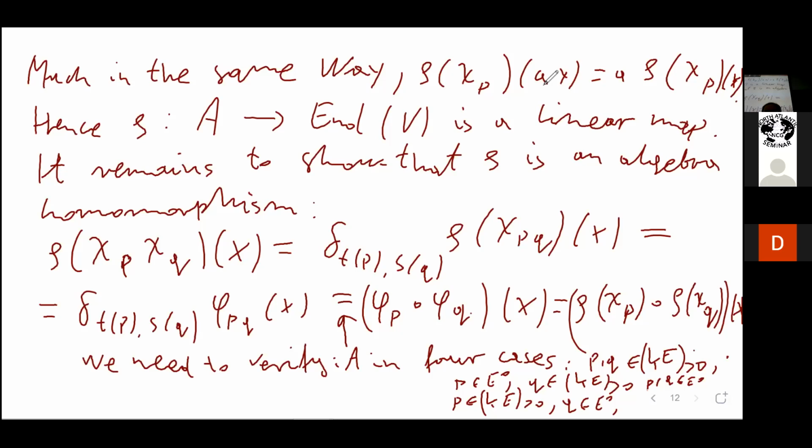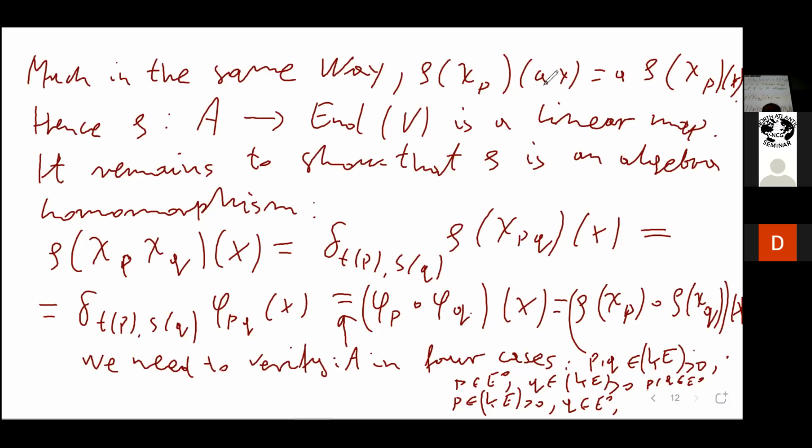And now finally, we can do the case when, say, one of them is a vertex and the other one is a positive length path. Here it's actually a bit simpler. If the vertex P is not the beginning of the path Q, then of course the image of phi Q will be in the kernel of this projection, so it will be 0.